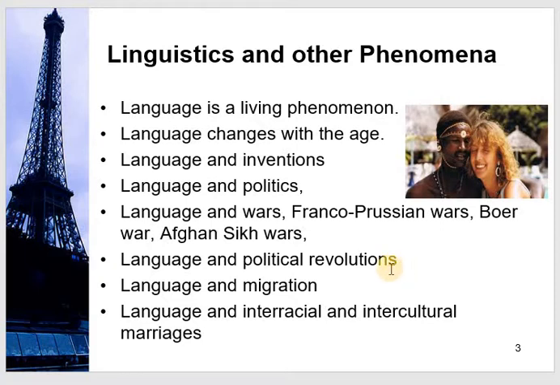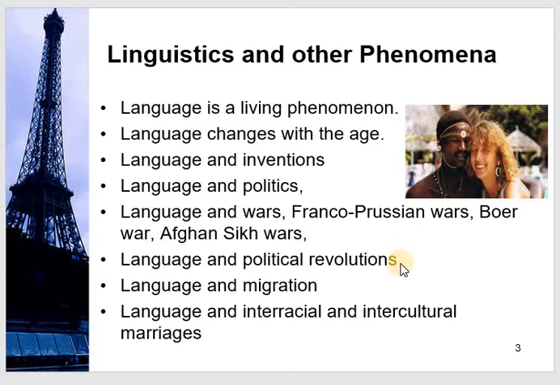For instance, when the Ottoman Empire was broken by Allied forces, Mustafa Kemal appeared over there. So he removed foreign words and he emphasized Turkish words.